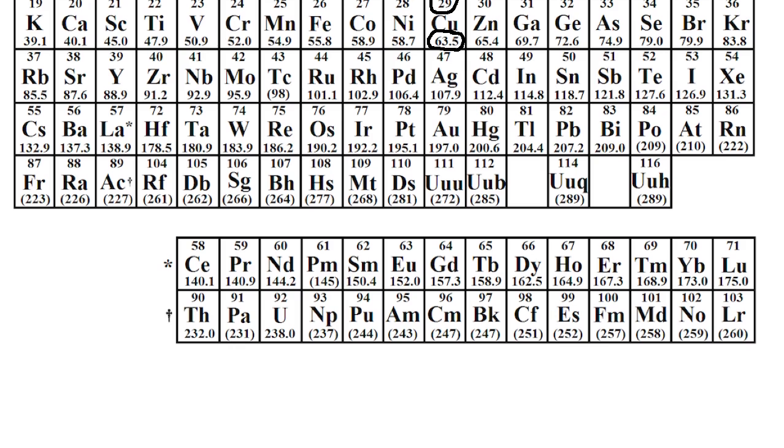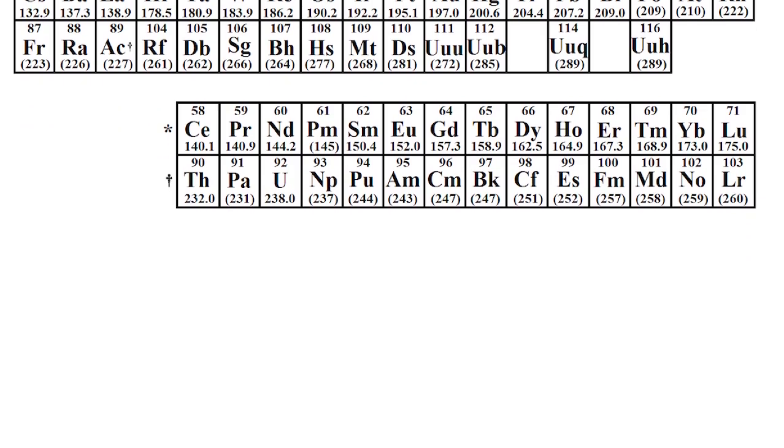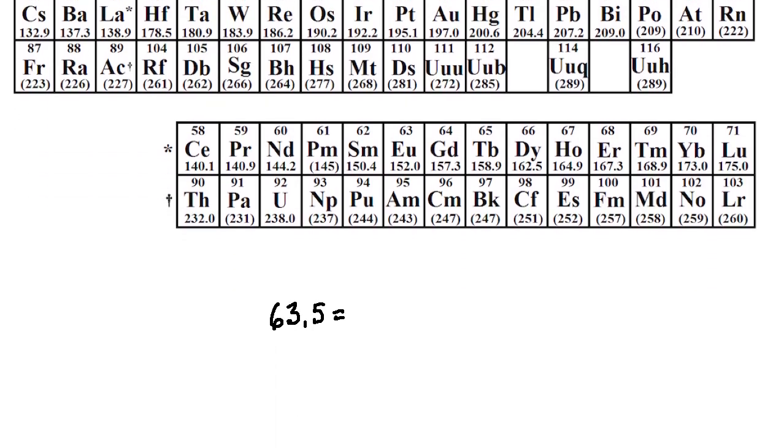So if I come back to my equation, I would say, all right, well, if I'm looking at 63.5, that's going to be equal to 29, because that's the number of protons, plus N. And so if I get ready to solve this, what's going to happen?